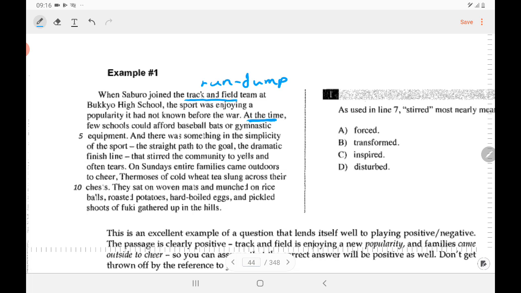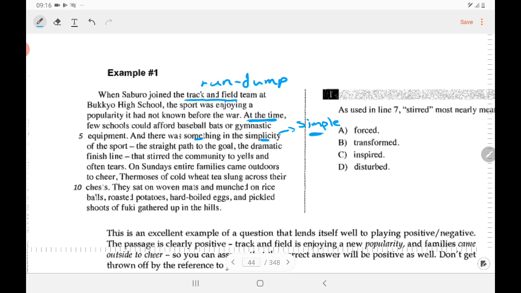So here, what's special about track and field? Something special about track and field is the simplicity. Simplicity is the quality of being simple. Of the sport, dash.